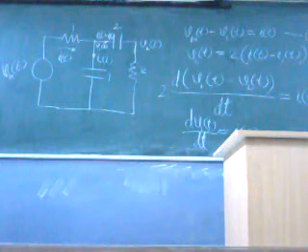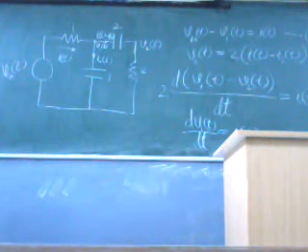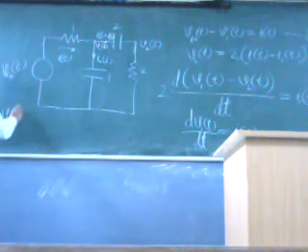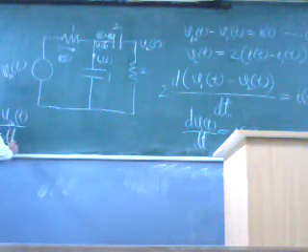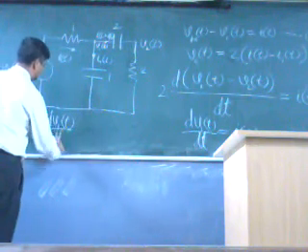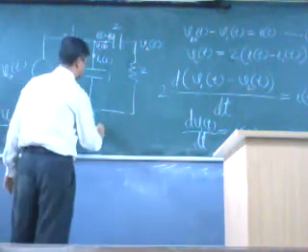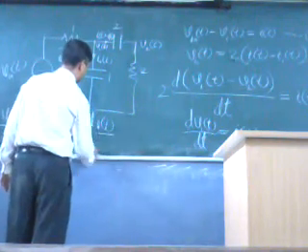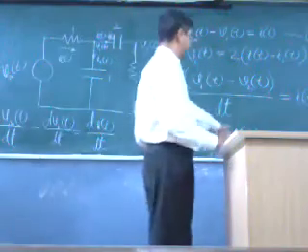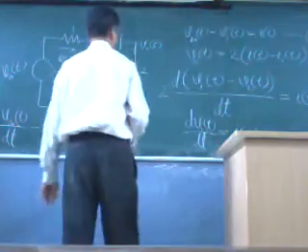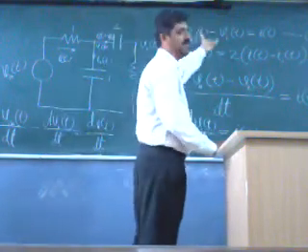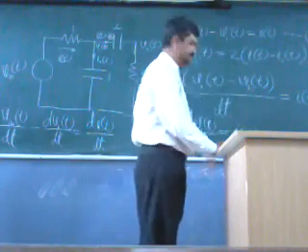When you differentiate the first equation, you get dV(t) upon dt minus dV1(t) upon dt is equal to dI(t) upon dt. Now this dV1(t) upon dt is nothing but I1(t). But that is of no use, because I got rid of V1(t) but I got I1(t), which also I do not want.